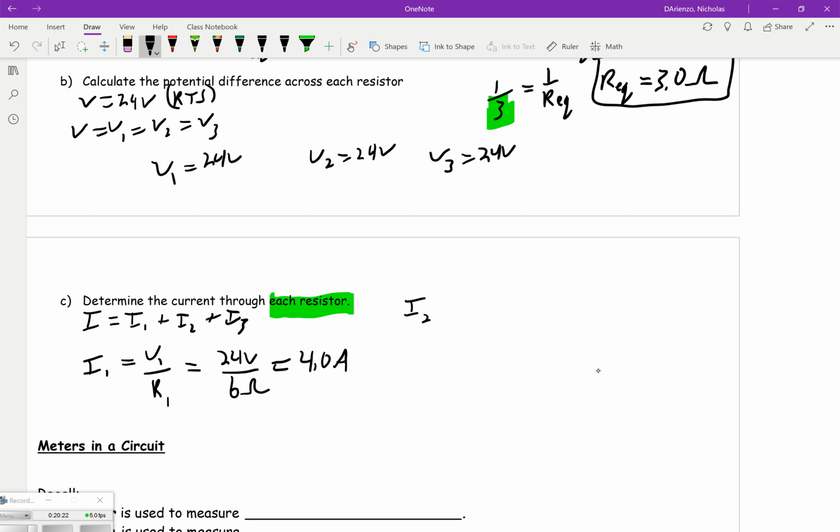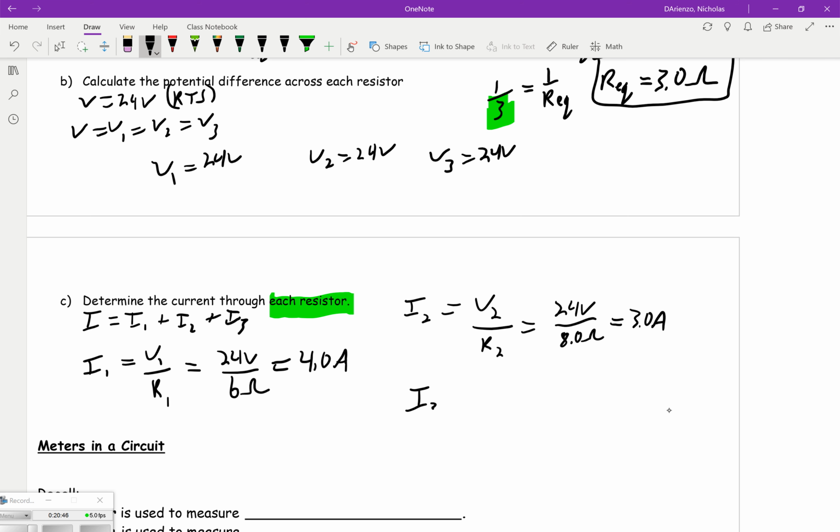Now the current through the second branch, we're doing the same way. It's the voltage through the second part of the branch, which is still going to be the same, and the resistance of R2. So this remains the same, 24 volts. And the resistor R2 was 8 ohms. And this comes out to 3 amps.